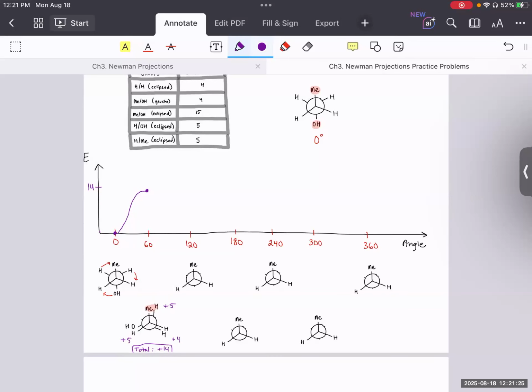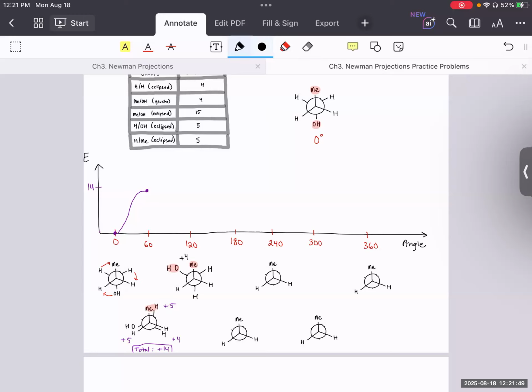Next, we can rotate another 60 degrees, and now we're back to a staggered conformation with everything just moved over, a total of 120 degrees in the back. From here, we can calculate the energies. So we have a gauche methyl and OH group, and that's +4.